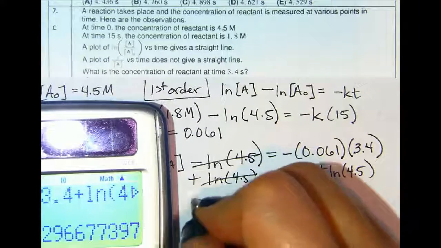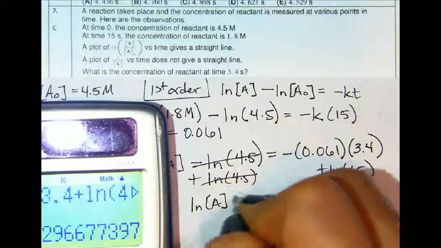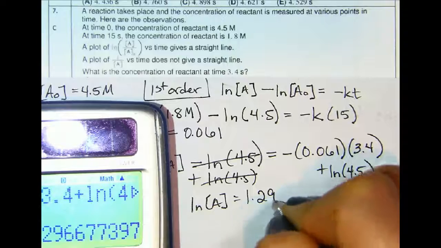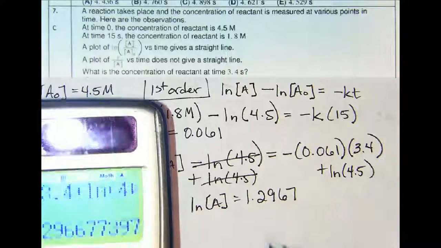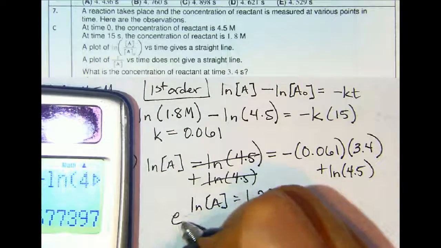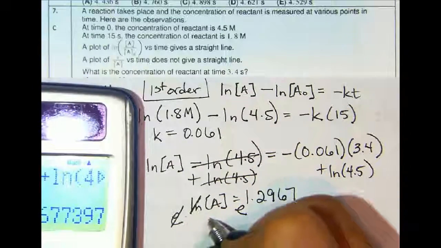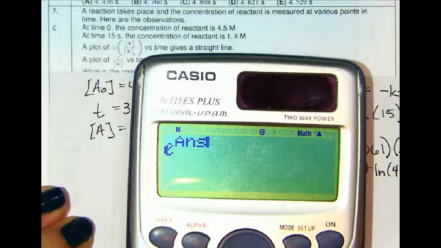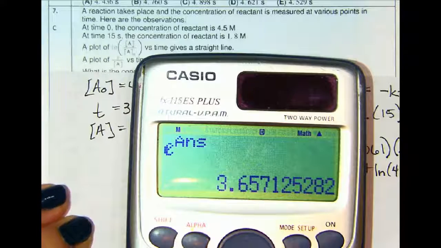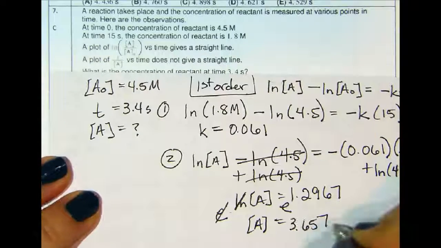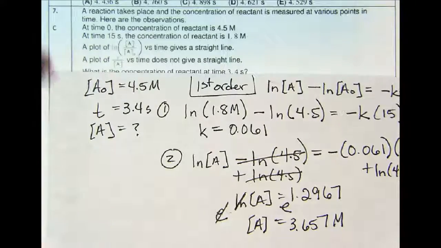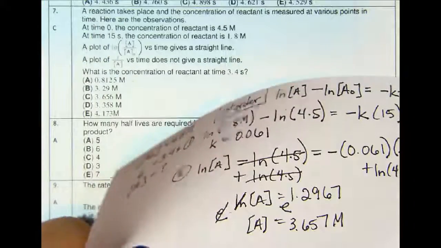So we're going to get natural log of A is equal to 1.2967. However, I'm going to have to raise both sides by e in order to cancel out this natural log. And so I'll take e to the previous answer, and that'll give me 3.657 molar, which is going to be the concentration at 3.4 seconds, which is letter C.